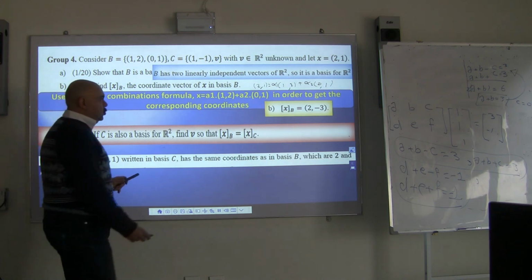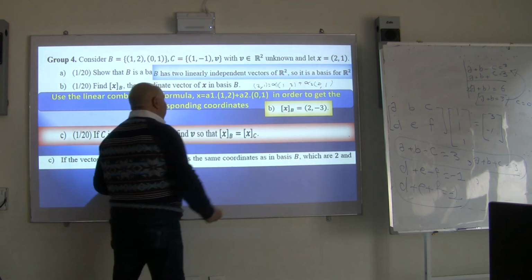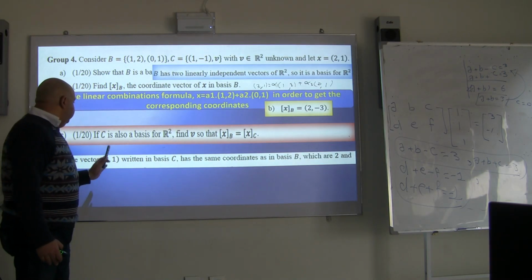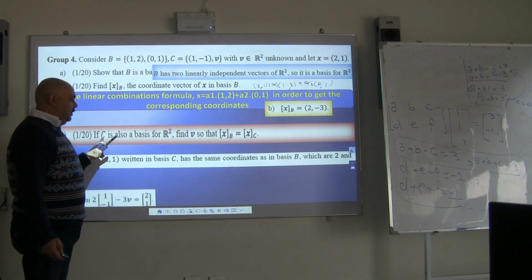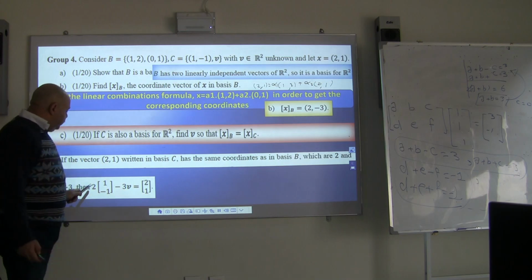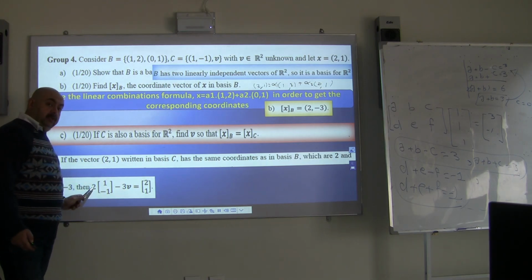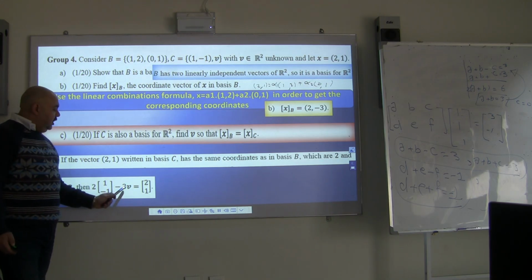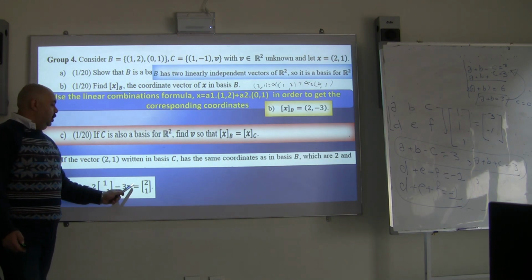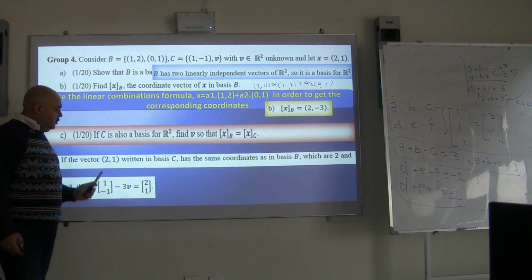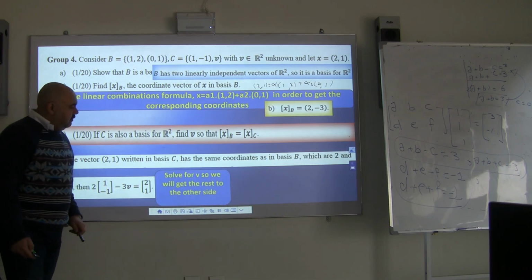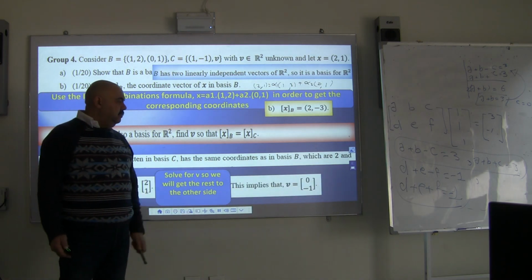Having the coordinates, which are 2 and negative 3, and allowing any variables stand for the subvector space C, I will have 2 times 1 and negative 1. This is the coordinate of the first vector. Negative 3 times the unknown vector, which equals 2 and 1. Just try to solve it and you will find the value of V in front of you, really very simple, 0 and negative 1.